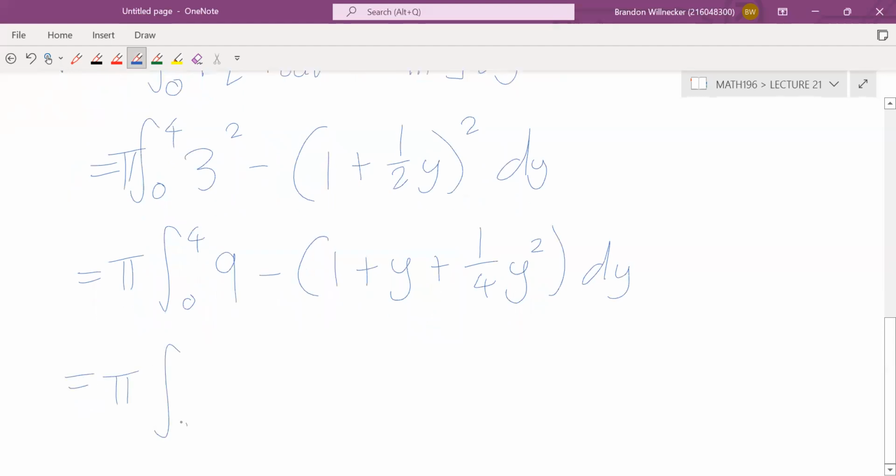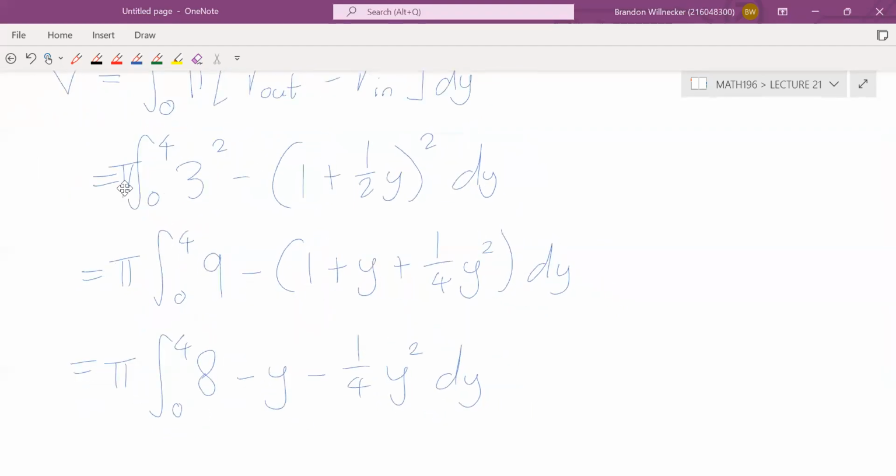That will be pi integral from 0 to 4 of 8 minus y minus 1/4 y squared dy. And then everything after that is exactly the same as we did before.